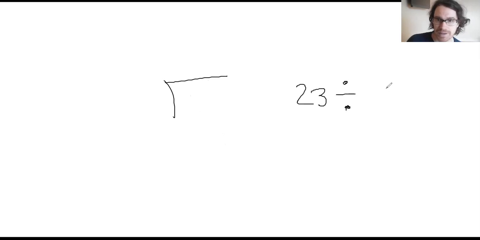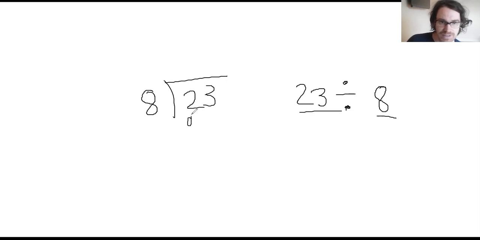Okay, on to long division. So we're going to write it like this instead of like this. Our problem is 23 divided by 8. So we put the number on the left underneath, 23, and we put the number on the right outside, like this. So this number inside is going to be our dividend.